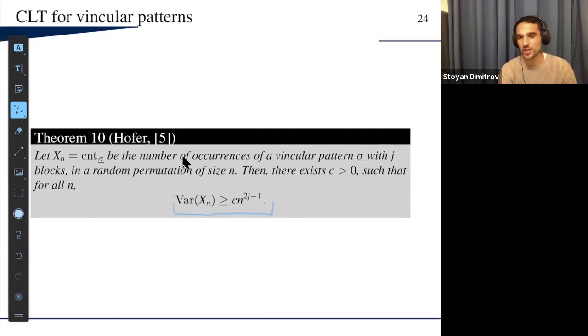And here J is the number of blocks of the pattern sigma. A block is a segment that must be at consecutive positions. So if I have 4, 3, 1, 2, for example, a vincular pattern of this kind, then this just has 2 blocks.